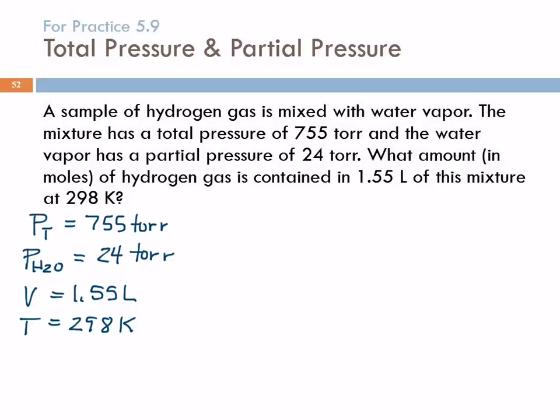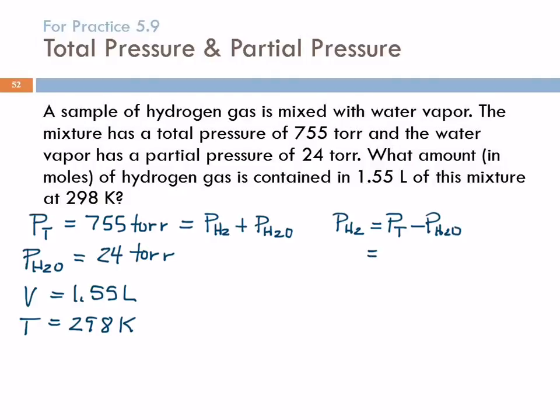So this total pressure, Dalton's law of partial pressures tells us that that is the pressure of the hydrogen gas plus the partial pressure of the water. They told us what the partial pressure of the water was. Can we figure out what the pressure of just the hydrogen gas is? Yeah. The pressure of the hydrogen gas is going to equal the total pressure minus the pressure of the water.